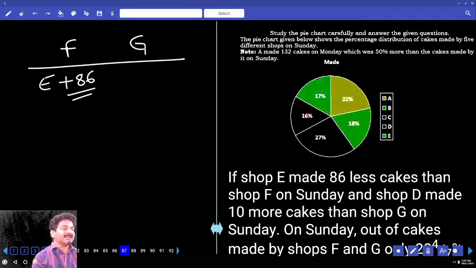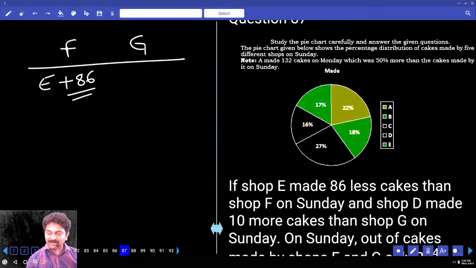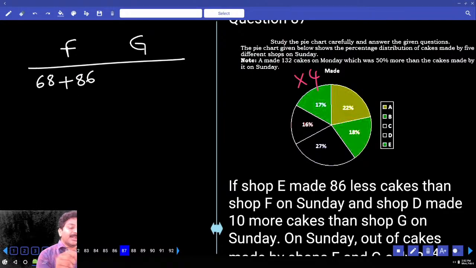Because we have it in terms of a number, let's convert into numbers. 1% value is equal to 4, so 17 times 4 is 68. So in shop F, cakes made are 68 plus 86.